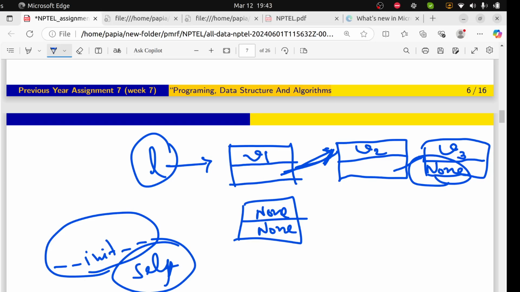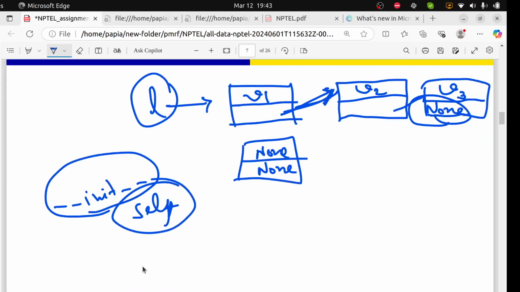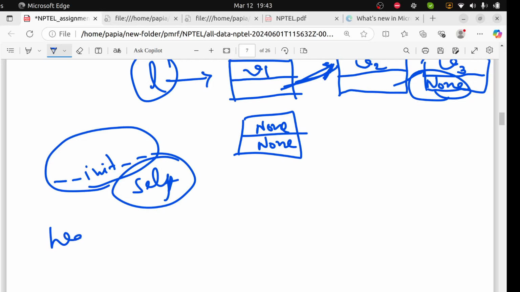L was there, L gives some pointers, L has some values. At the very first there was a value and a pointer, and like that this representation continues.